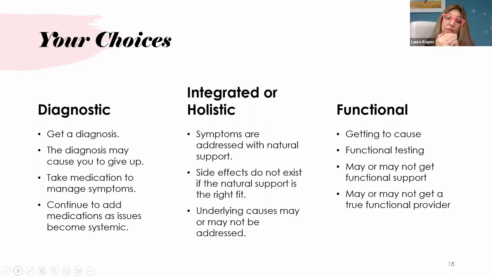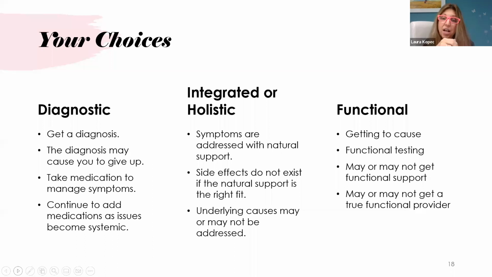In the diagnostic model, you're given the choice to take medication that will often manage symptoms. It won't resolve them, and a lot of people continue to add medications as the issue becomes systemic. So if you want more understanding about what's going on, you might want to consider other kinds of alternative practitioners. If you see integrated or holistic, symptoms are going to be addressed with natural support. There are certainly not those side effects.